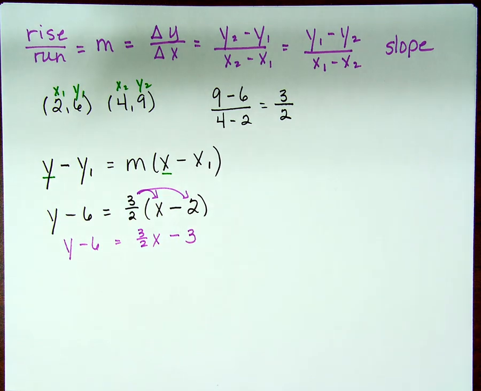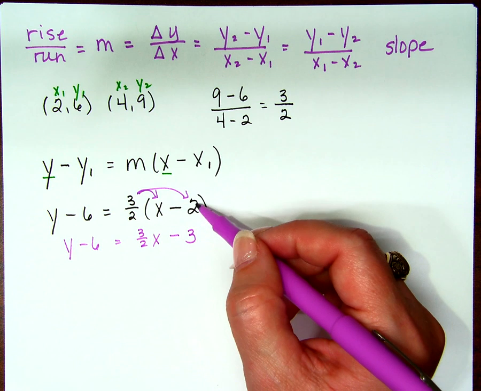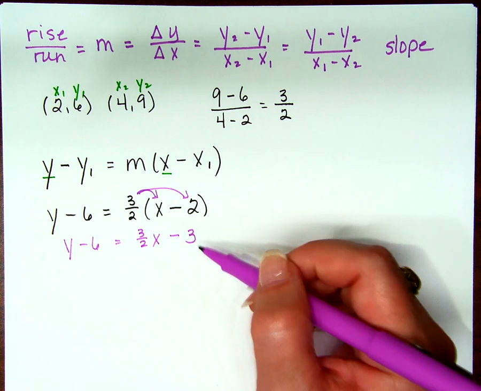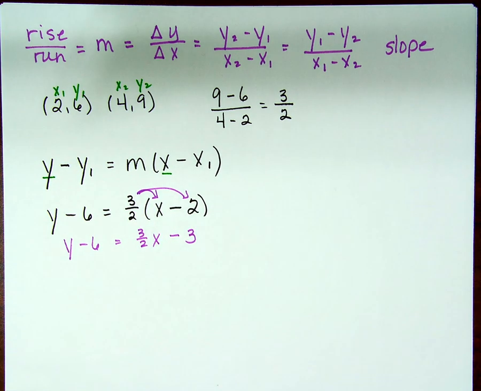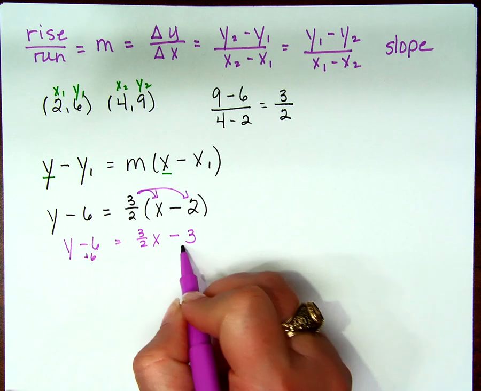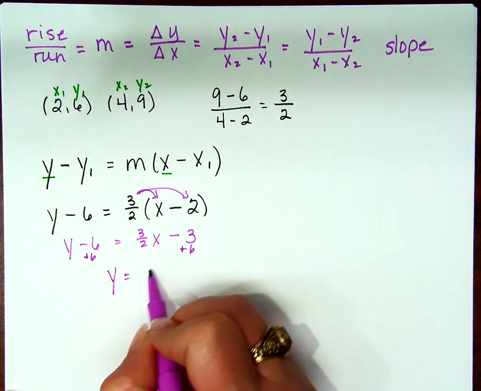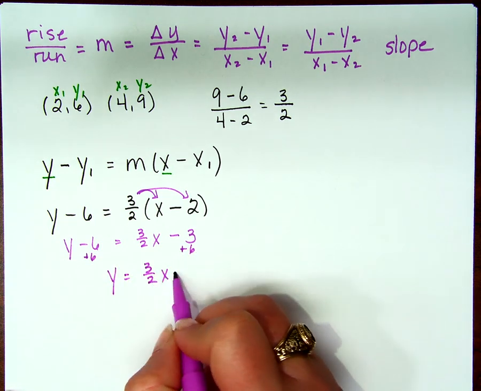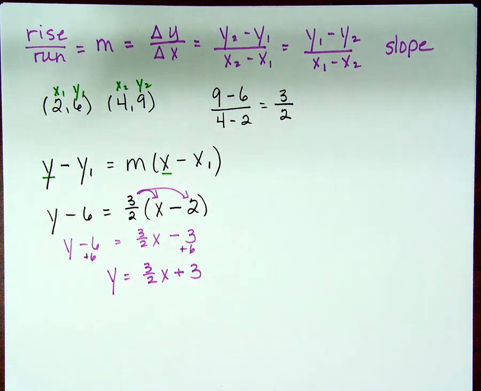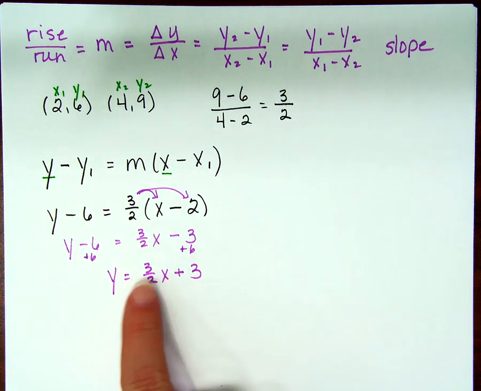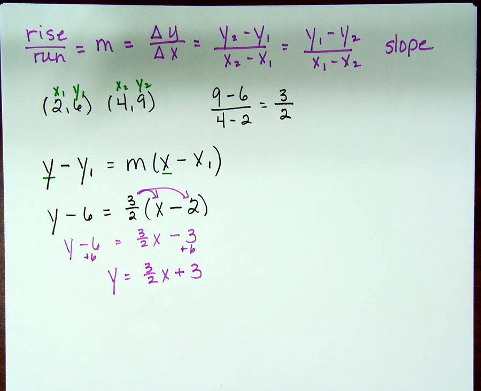Right? Because 3/2 times -2 would be -6/2, which would be -3. And then I could add 6 to both sides to get y equals 3/2 x plus 3. And to me, that's the cool part because we started with point slope and we actually end up in slope-intercept. Okay?